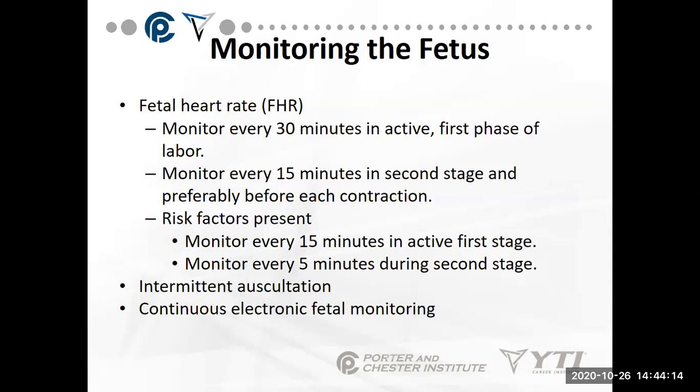So if any risk factor is present, fetal heart rate monitoring is every 15 minutes in the active first stage and every 5 minutes during the second stage. And then skill 6.3 talks about external electronic fetal monitoring, and it shows you how to actually place everything on.